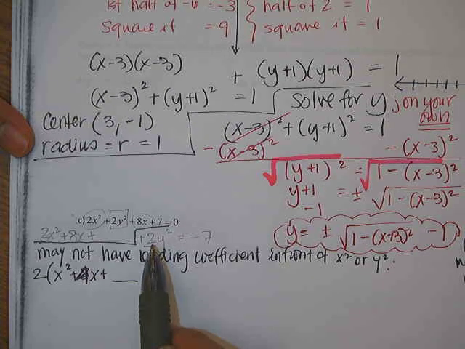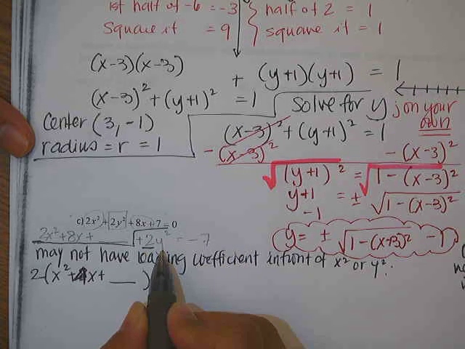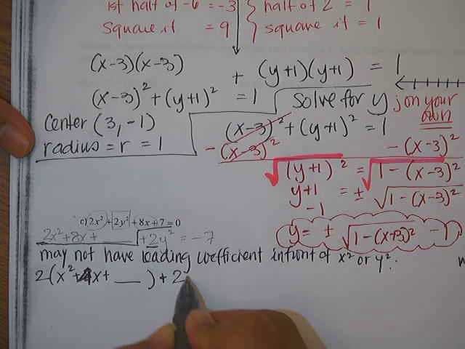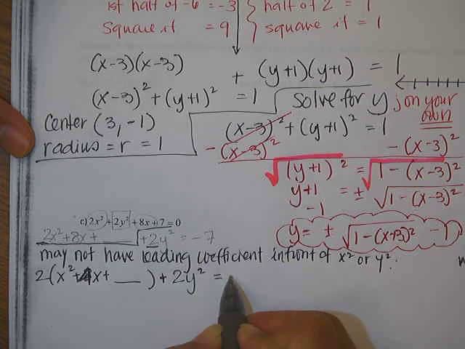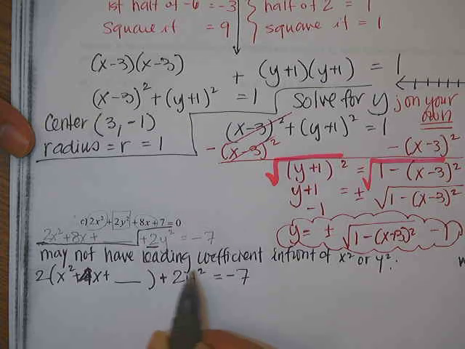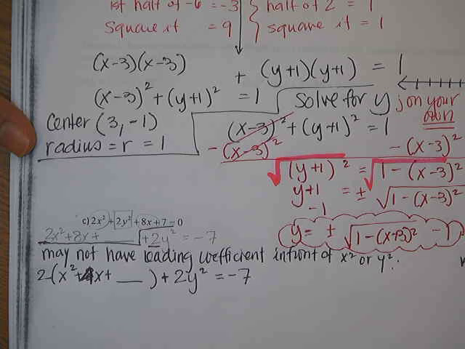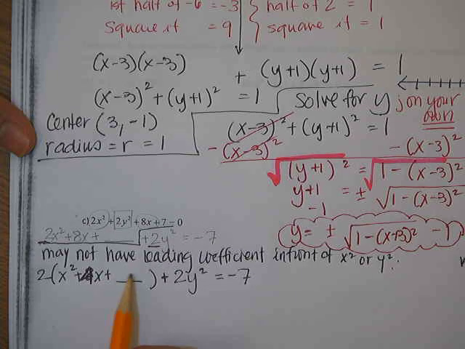Over here, you can technically pull out a 2, but because there are no other terms besides the 2y squared, you can leave it the way it is. There's only one term.